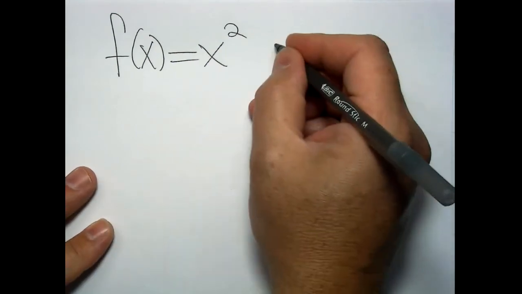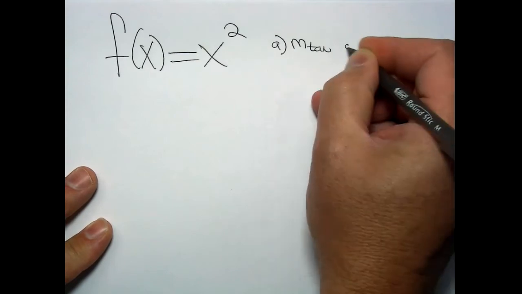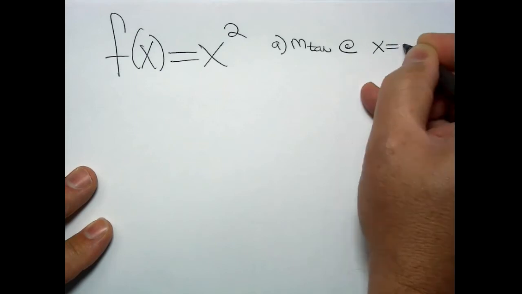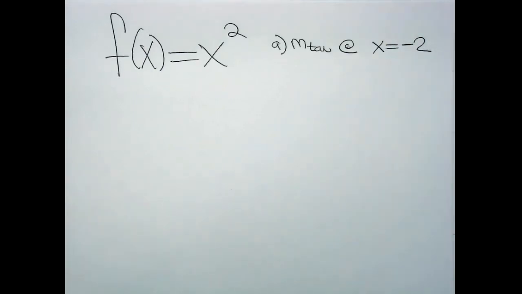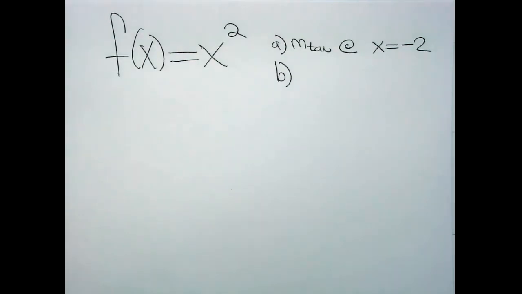Two questions. A, what is the slope of the tangent line at x equals negative 2? That's my question for you. What is the slope of the tangent line at x equals negative 2? The second question is, when you draw tangent lines, you notice that they are not multiple lines.